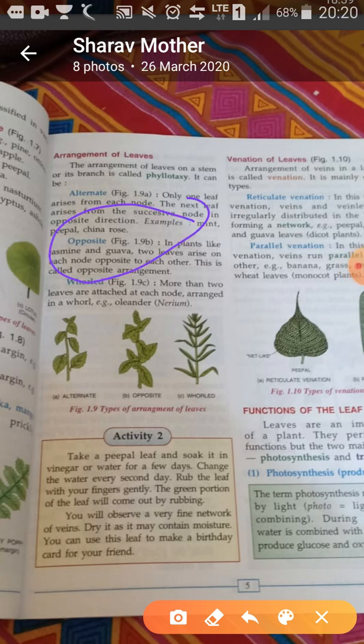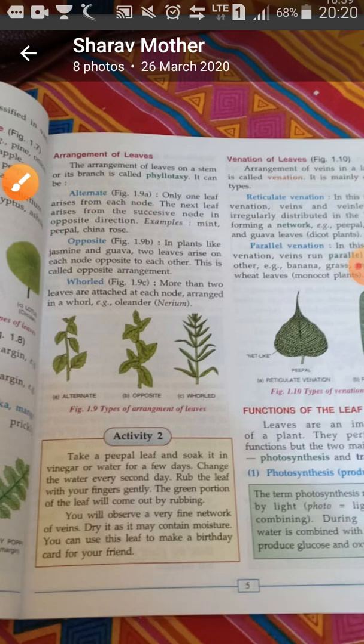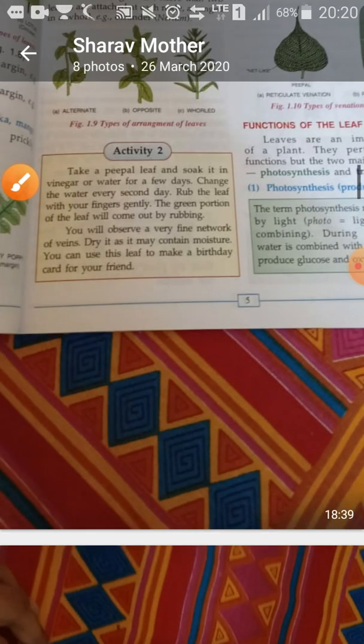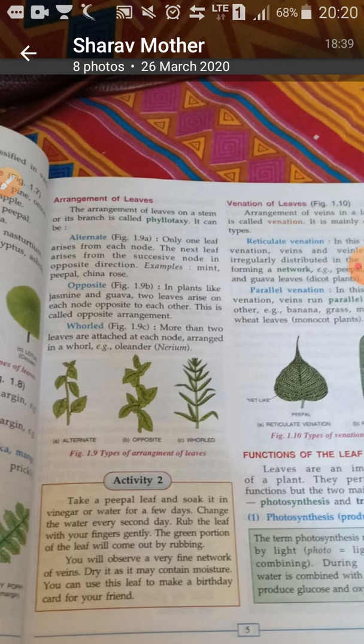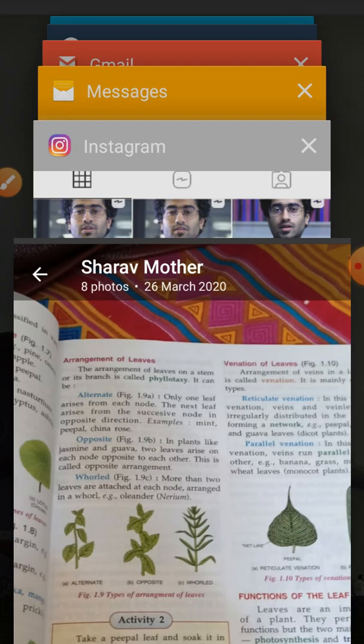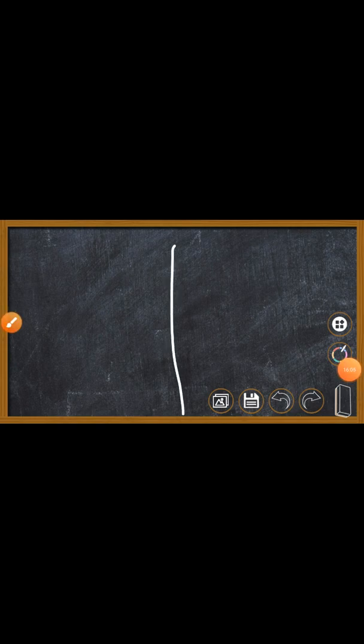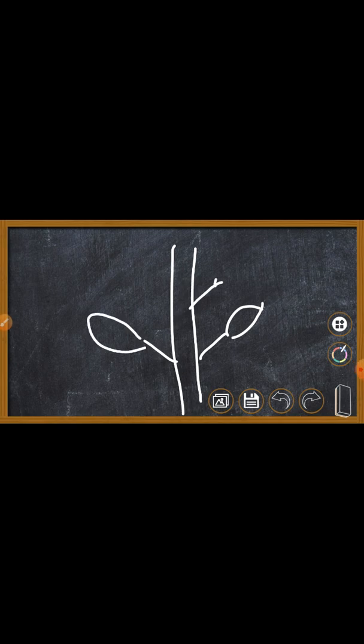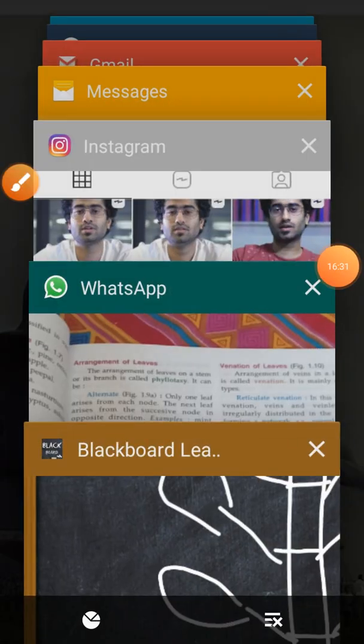Next we come to opposite. Opposite means what? From one particular line, two leaves come out. For example, if this is the stem, one leaf over here, it goes about like this, where from each line two leaves are coming out.